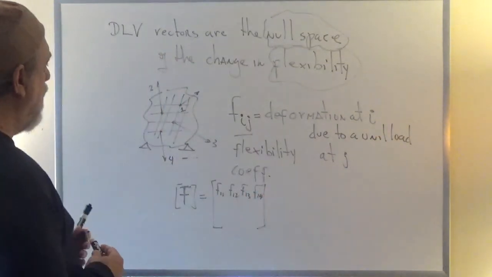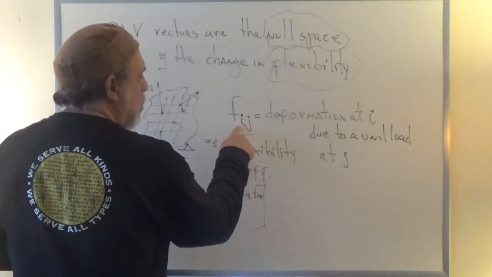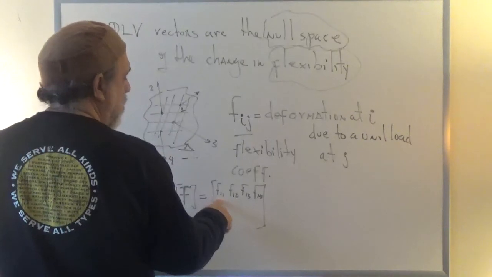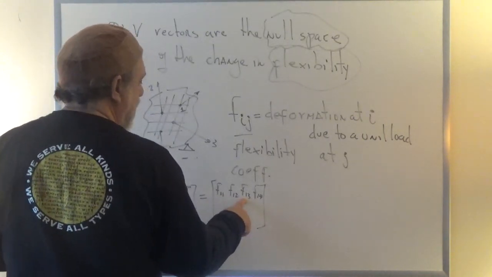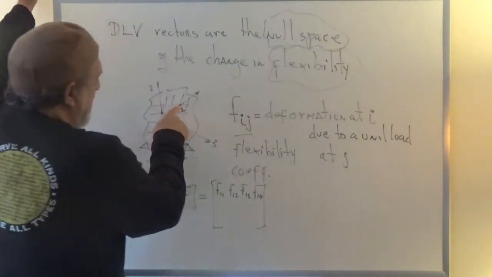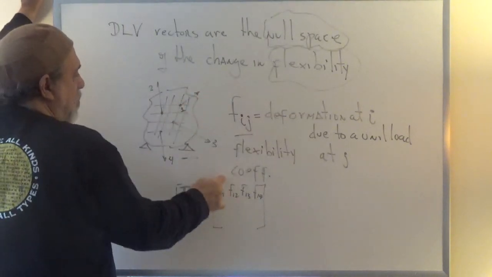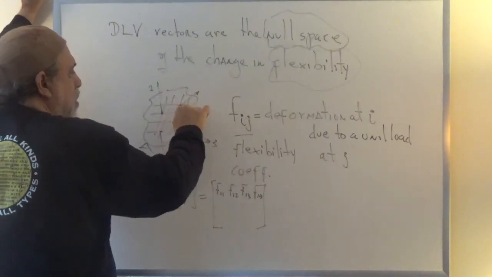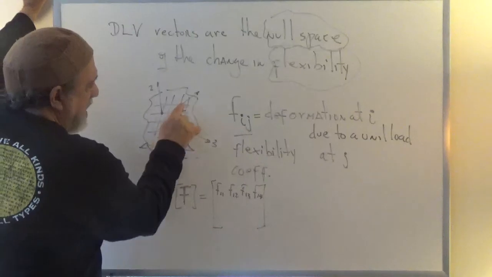What is that row? Well, I go to coordinate deflection at 1 due to a load at 1. Deflection at 1 due to a load at 2. Deflection at 1 due to a load at 3. Deflection at 1 due to a load at 4, right? So I apply a unit load at 1 and I see how much 1 moves. That's F11. I put a unit load at 2 and I see how much 1 moves. That's F12. I put a unit load at 3 and see how much 1 moves.